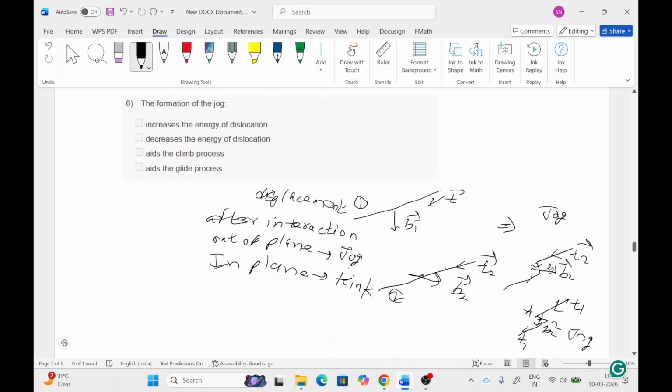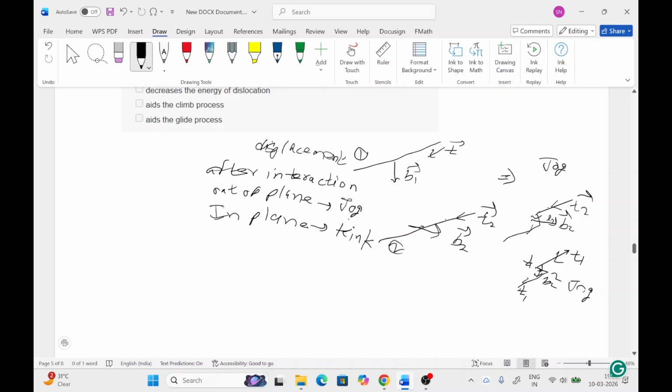The creation of jog and kink extends the dislocation line, meaning the dislocation line length is increasing, so it increases the energy of the dislocation. It also creates a step in plane or out of plane. That step helps in the climb process.